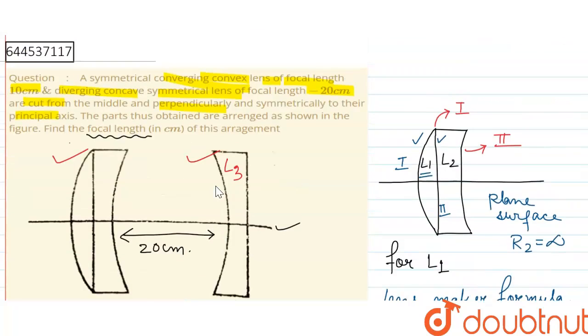The radius of curvature for this surface and this surface will be the same. If we consider this surface, the radius of curvature will be this, and if we consider this surface, the radius of curvature will be this. But when we consider this surface, the radius of curvature will be positive, and for this surface the radius of curvature will be negative.